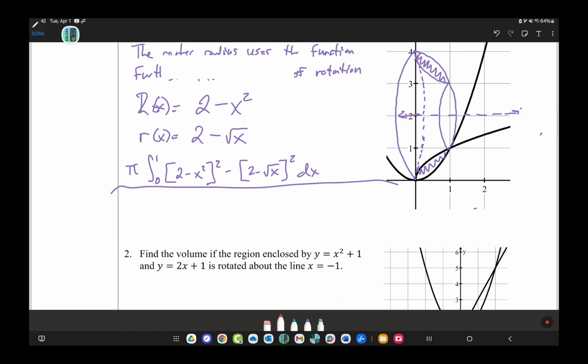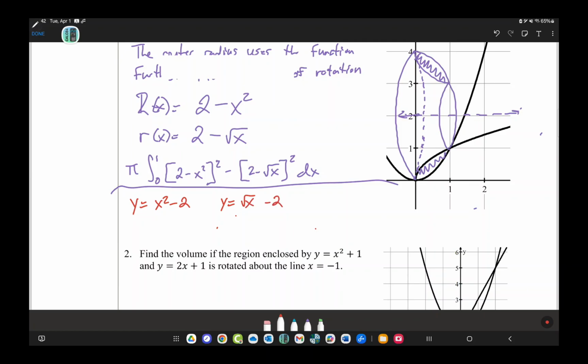What would happen to all my functions? They go down by 2, right? So my first function will be y equals x squared minus 2, and my other function will be y equals the square root of x minus 2.